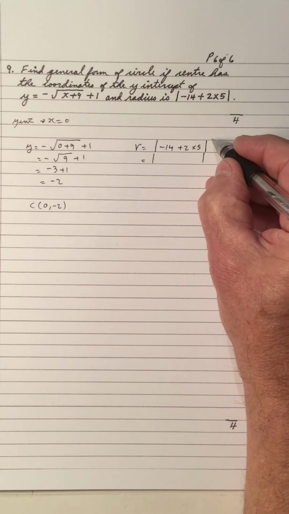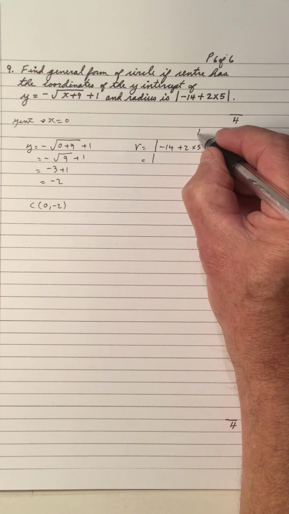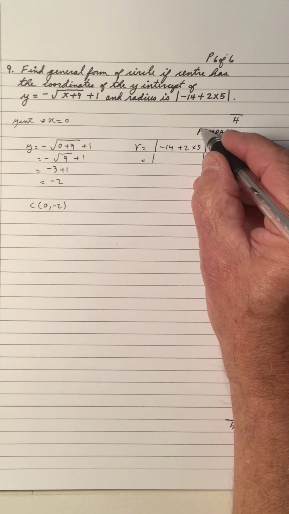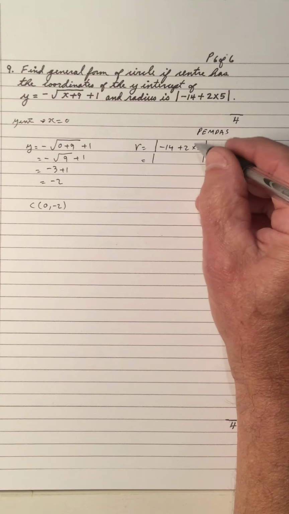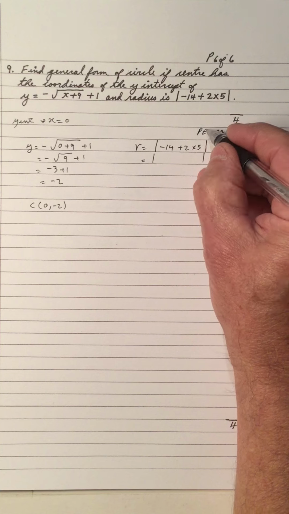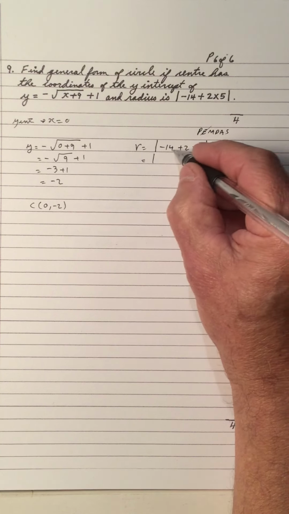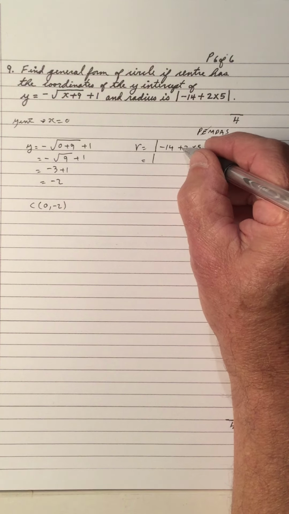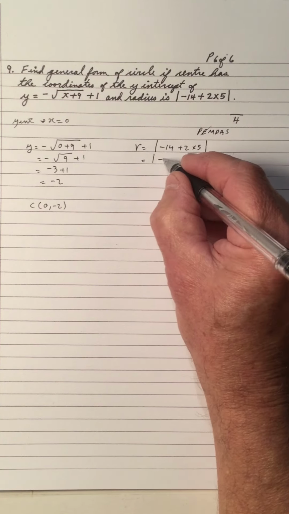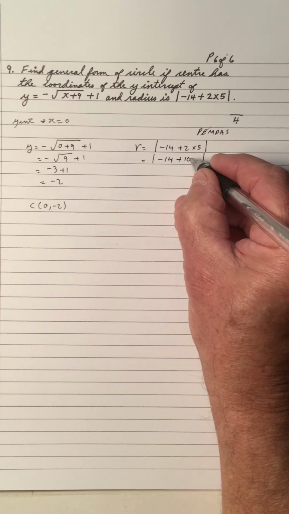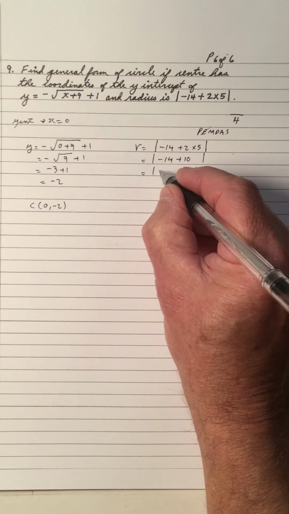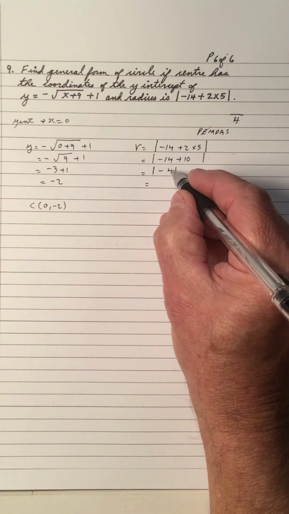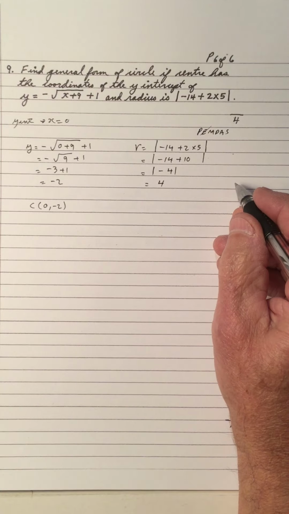We do PEMDAS: brackets, so we work out the inside. We have no exponents. Negative 14 add on the product, so we have to multiply first. So it's negative 14 plus 10, and that's negative 4. So the absolute value of negative 4 is 4. So the radius comes out to be 4.